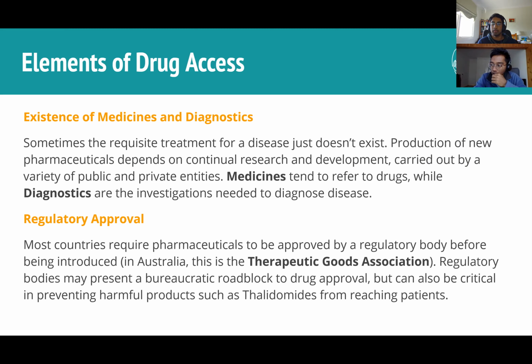That means research in the clinical or laboratory sense to test new drugs, and also continual development, not only in testing the drug itself through clinical trials, but also in developing manufacturing techniques. There's a lot that goes into turning an experimental treatment into an actual commercial one.